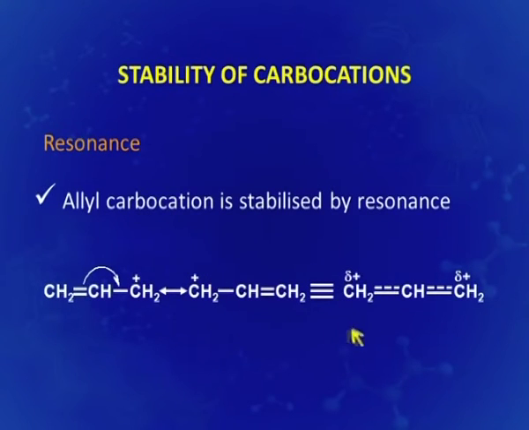The structure in general can be represented where delta plus is on both the carbons which are terminal methylene groups, and we say that the allyl carbocation is highly stable.